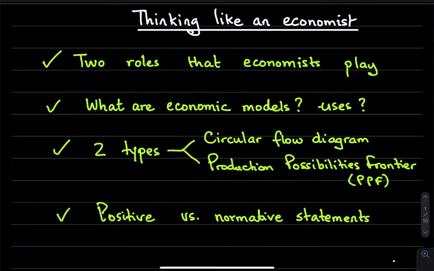So, if you think about it, every different field that you encounter has its own jargon, its own language, and its own way of thinking. If you think about mathematics, for example, you might encounter terms like integrals and theorems and axioms and corollaries.